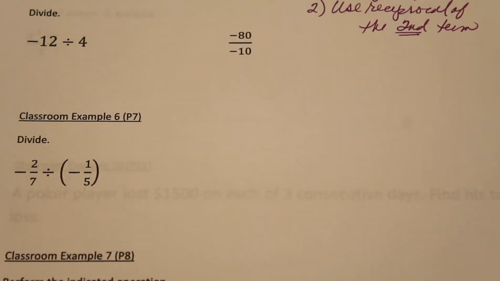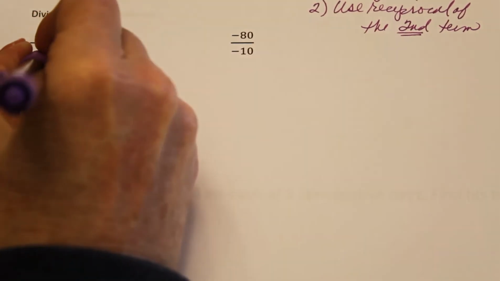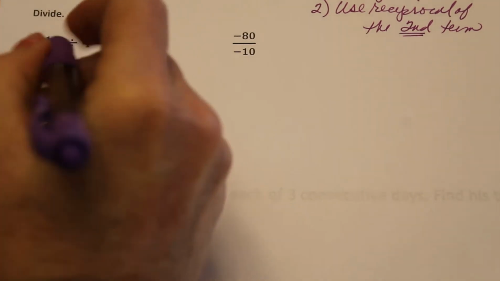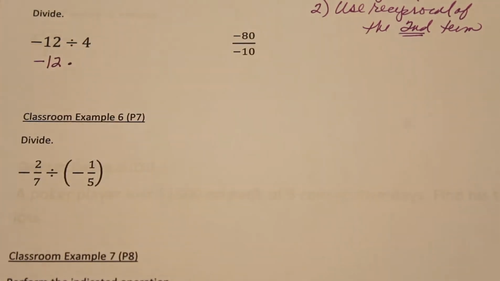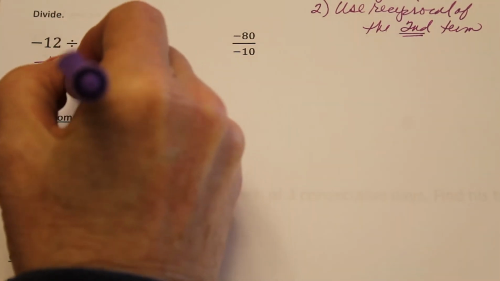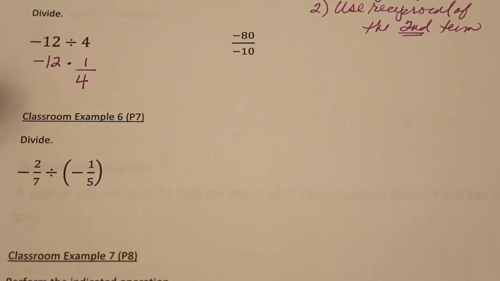So here I have negative 12 divided by 4. I'm going to bring the negative 12. Change division to multiplication and use the reciprocal of 4, which is 1 over 4. So rather than a division problem, it's now a multiplication problem.